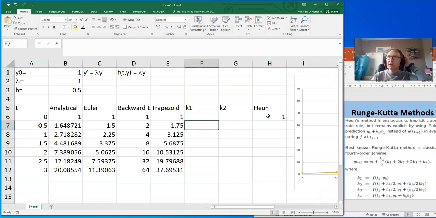The first estimate of the slope: we start with our initial value y0. Based on y0, we calculate the first slope. The slope y prime is always equal to lambda y, so we put lambda times the only value of y that we have, from the previous calculation.